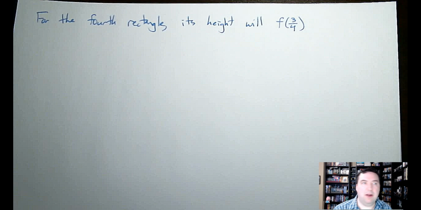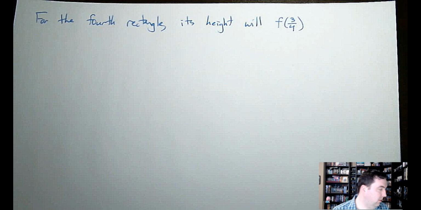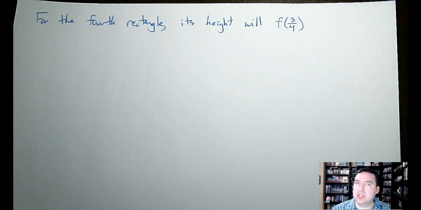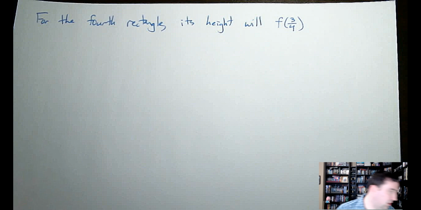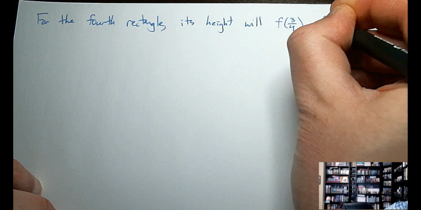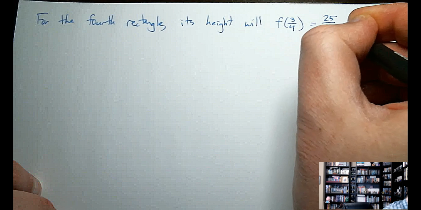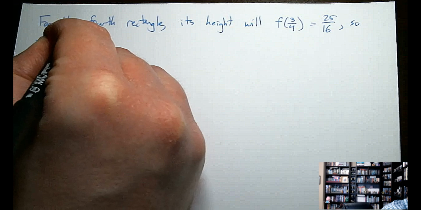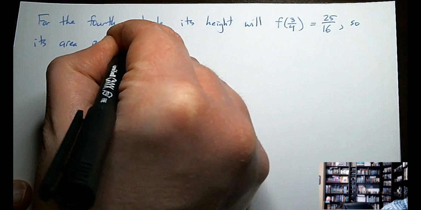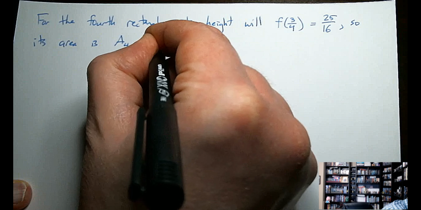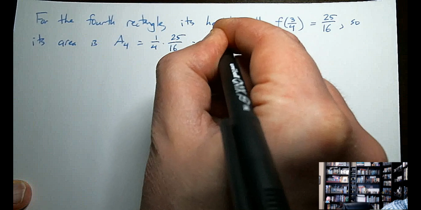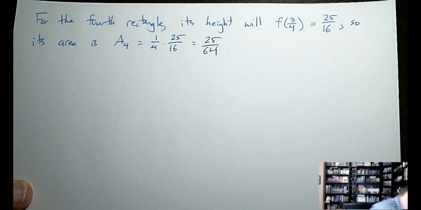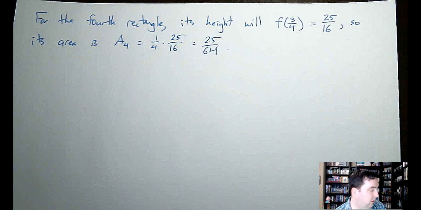So again, remembering that our function is x squared plus 1, 3/4 squared is 9/16. 9/16 plus 1 is 25/16. And so its area, call that a sub 4, that'll be its width of 1/4 times its height of 25/16, which is 25/64 square units. And so there we go.